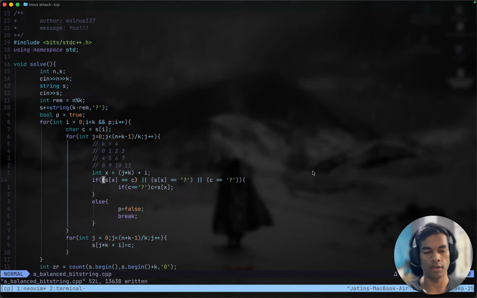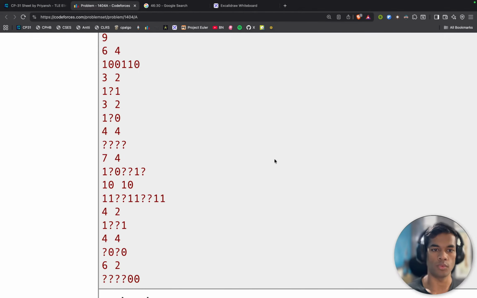And we see, okay, this thing will pass, but then when j equals 1, we will have 2 plus 0 for the first character, which is just 2, and we will see sx, which is s2.